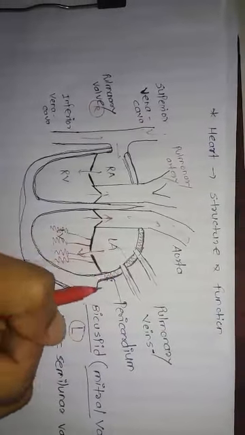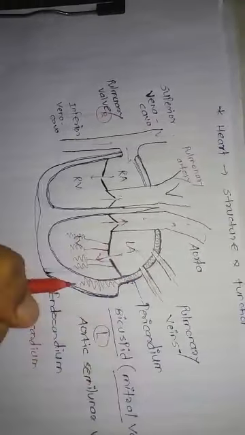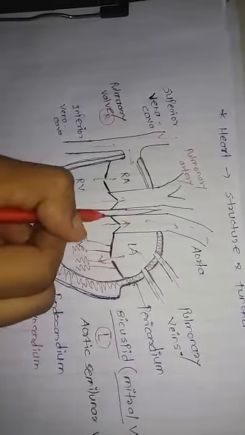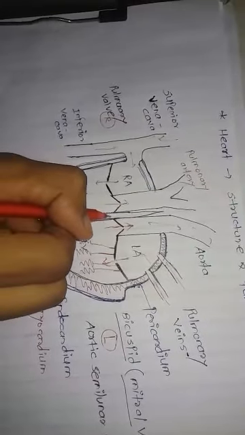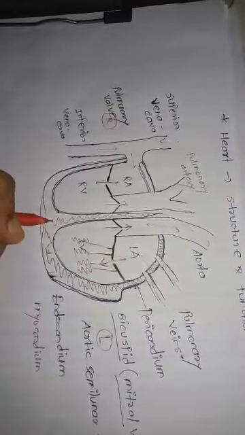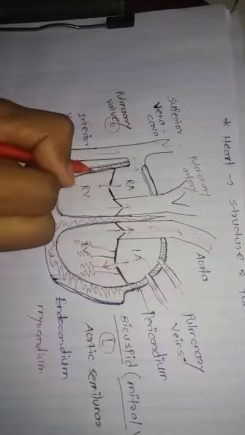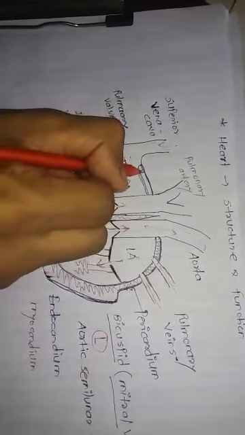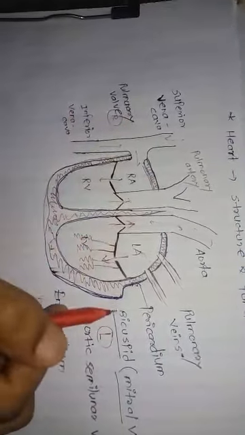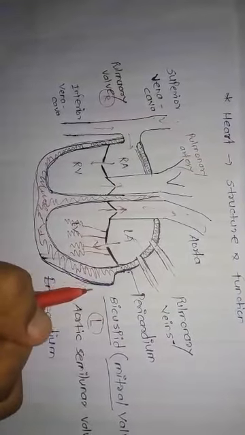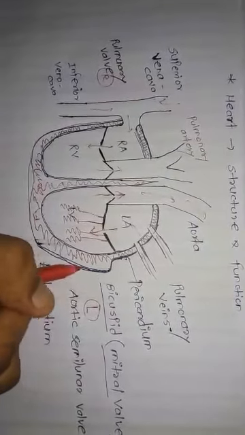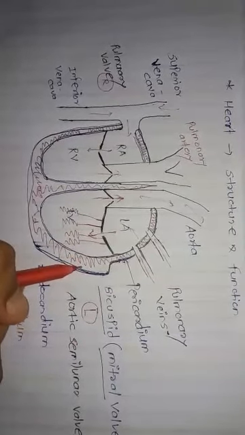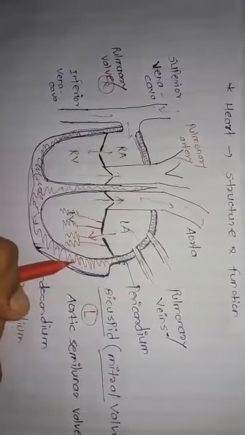In the middle we have the thick muscular contractile fibers of the myocardium. This is the right atrium. So this is the myocardium. It has bands of striated cardiac muscles. These are the contractile muscles of the heart, which help in the contraction of the heart.